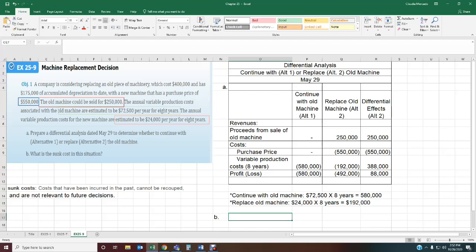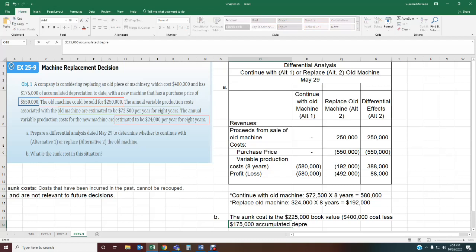Well, when we look at the data, we can determine that the sunk cost is the 225,000 book value, which is the 400,000 cost less the 175,000 accumulated depreciation of the present machine.